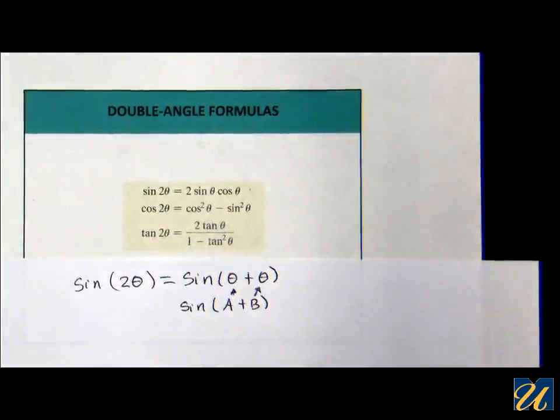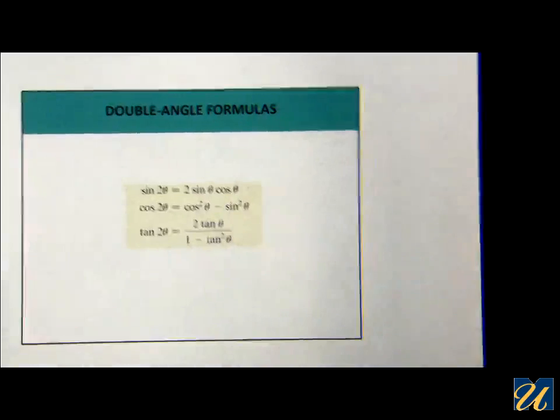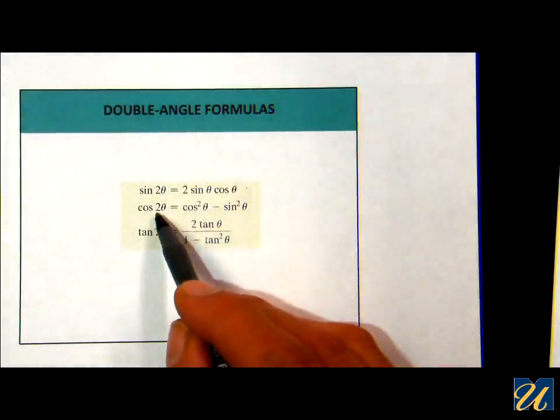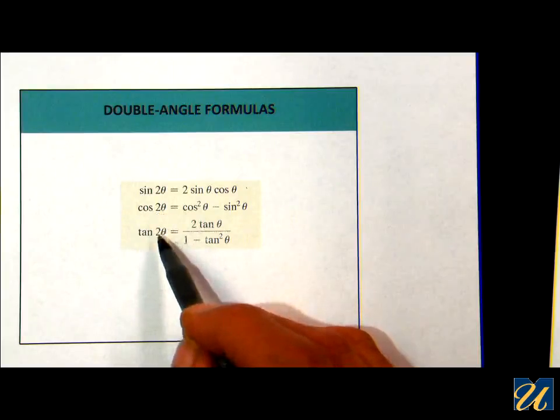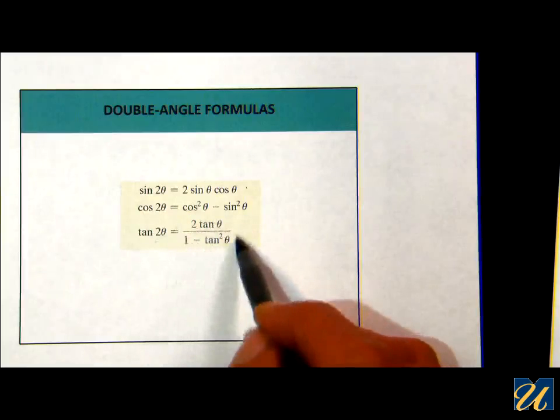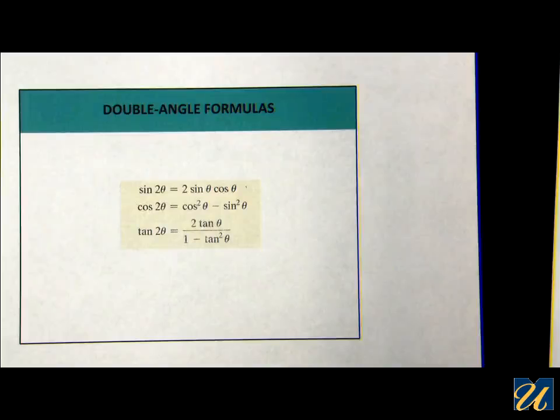In a similar way, you can prove the second identity by viewing this as the cosine of theta plus theta, and you can view this as the tangent of theta plus theta. Use the sum formula for the tangent of the sum of 2 angles, and you will immediately obtain this. It's virtually 2 lines.